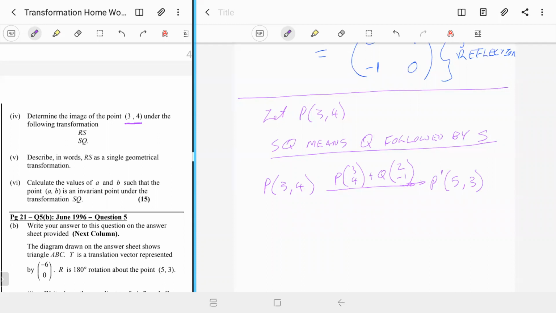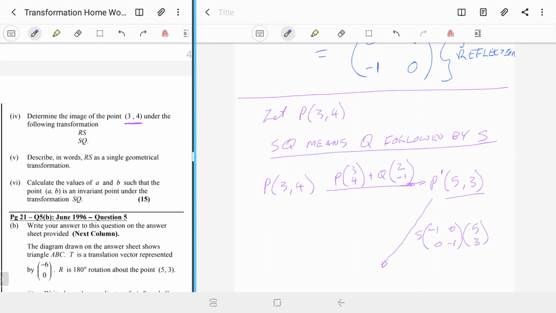Then I apply S next. S was the matrix -1, 0, 0, -1. All this one does is negate the values. Apply this to the point 5, 3.